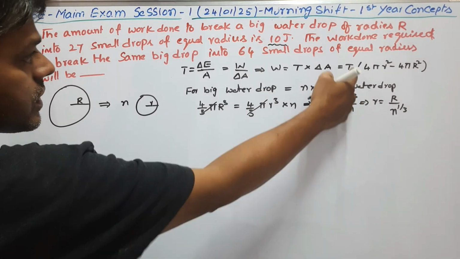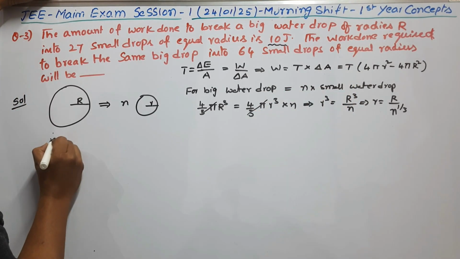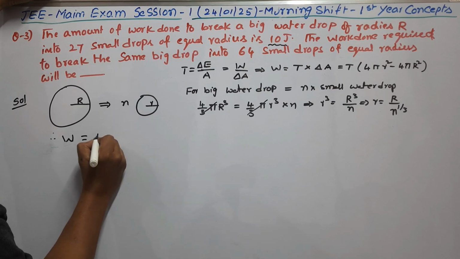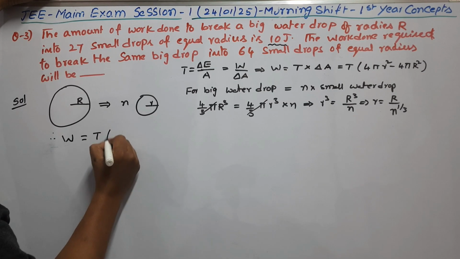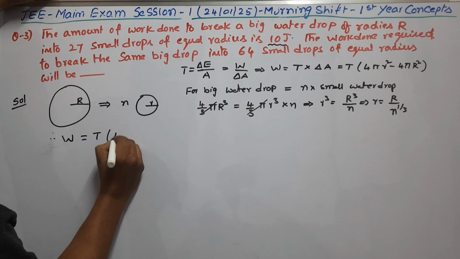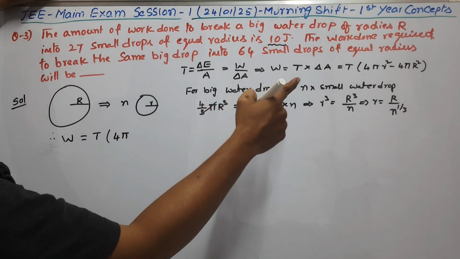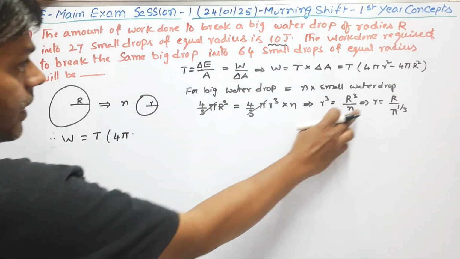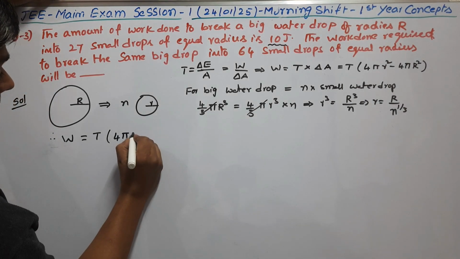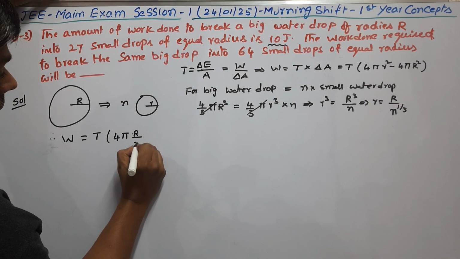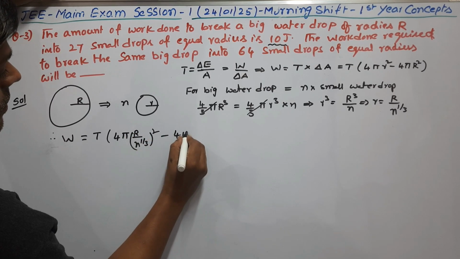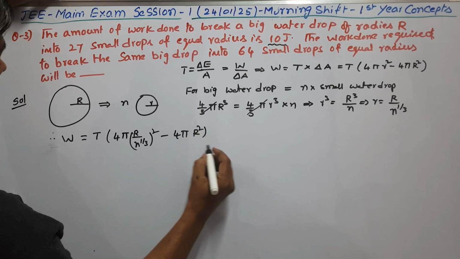So we should substitute in this equation. The amount of work done required to split the big drop into n number of water droplets is T into 4 pi r square, where r is capital R by n power 1 by 3, that is R by n power 1 by 3 whole square, minus 4 pi R square.